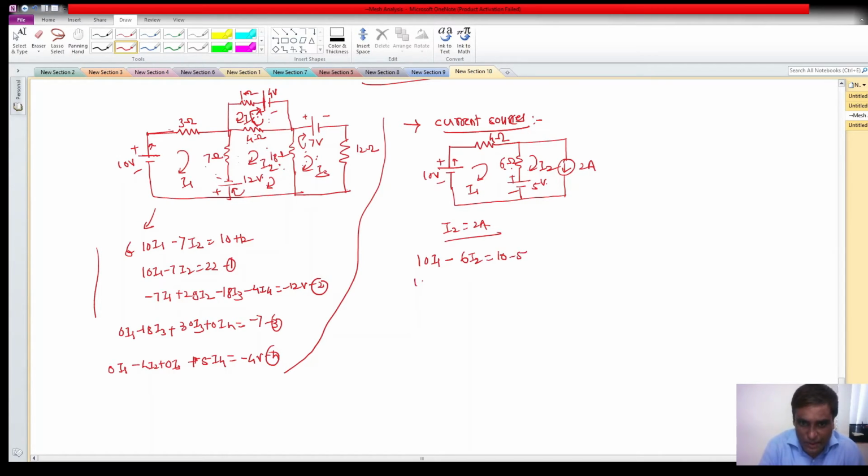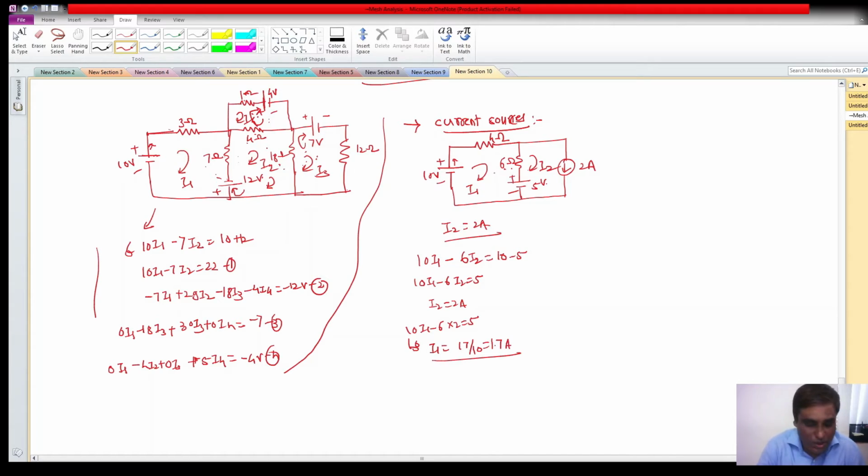So this will be 10 I1 minus 6 I2, which will be equal to 5. And already I2 you know, which is 2 ampere. So it will be 10 I1 minus 6 into 2, which is 5. So I1 will be equal to 5 plus 12, that is 17 by 10. So it is 1.7 ampere.